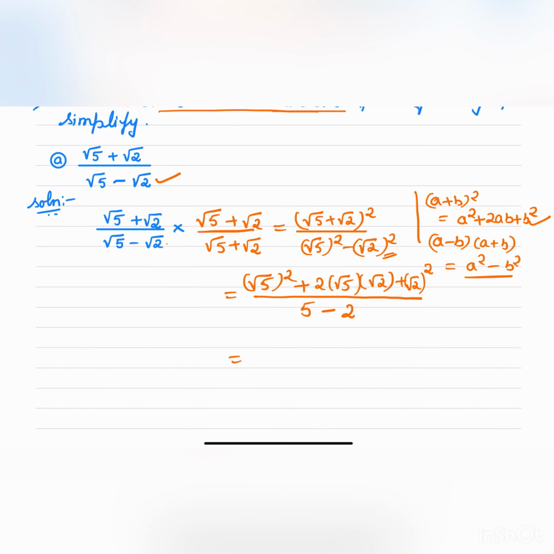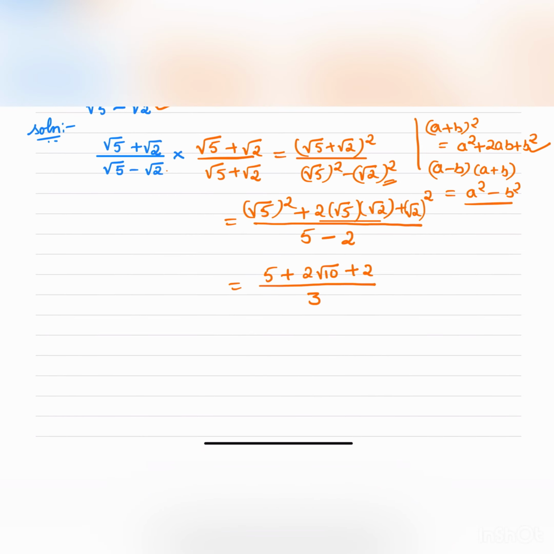The numerator gives 5 plus 2 root 10 plus 2, that is 7 plus 2 root 10, divided by 3. This is the simplest form of root 5 plus root 2 divided by root 5 minus root 2.